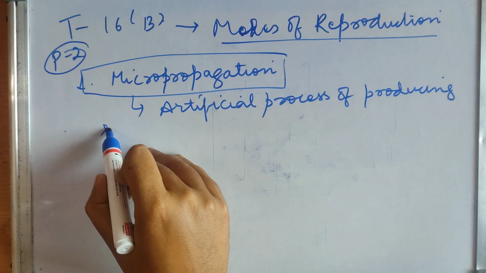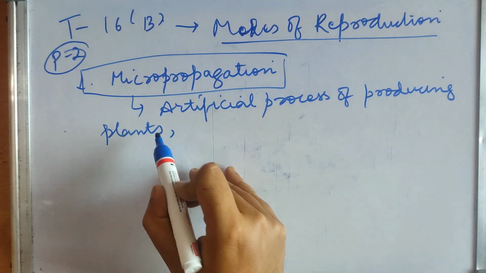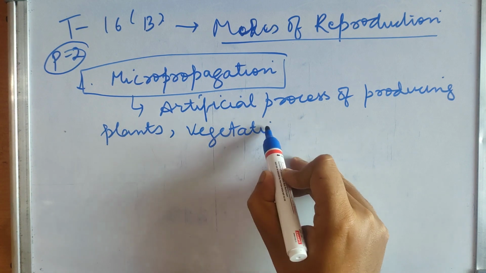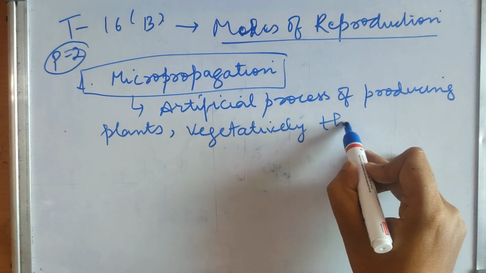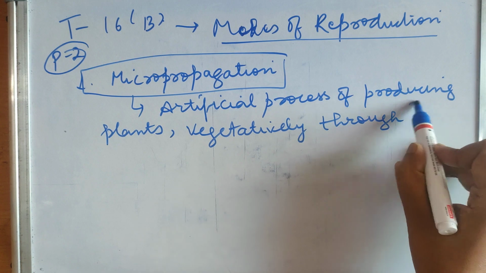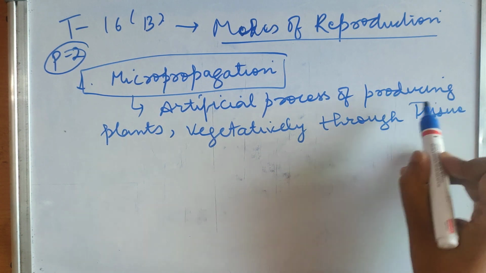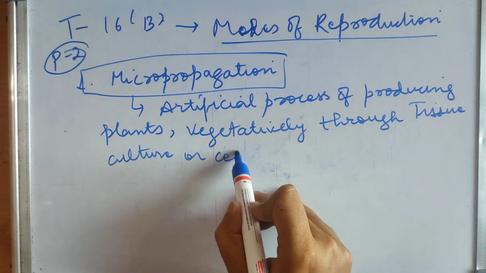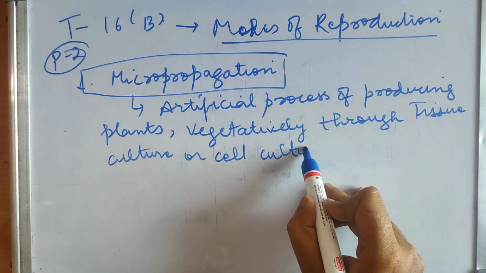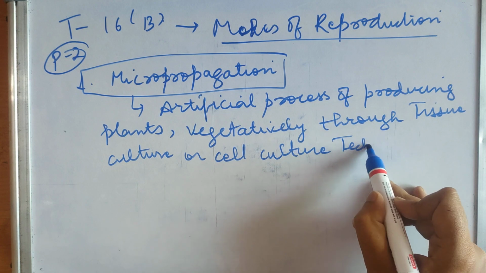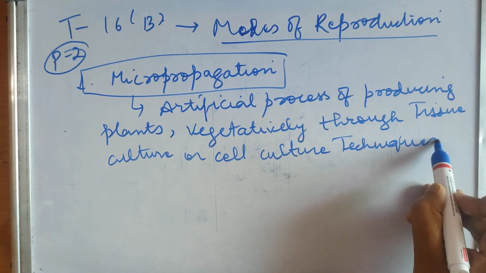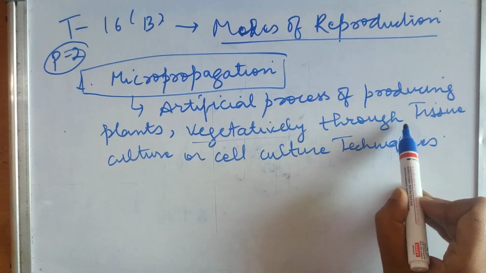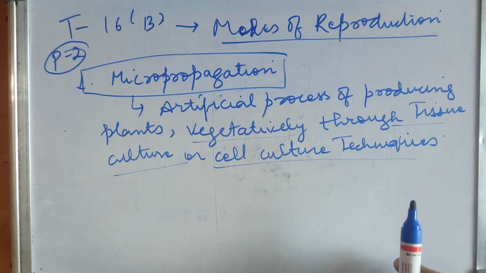It is the artificial process of producing plants vegetatively through tissue culture or cell culture techniques.